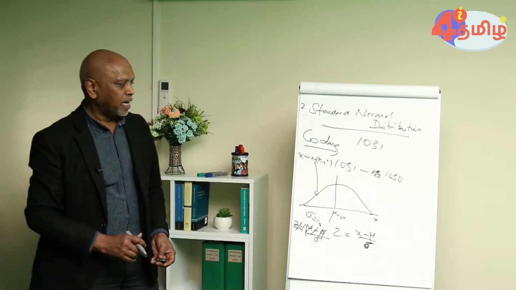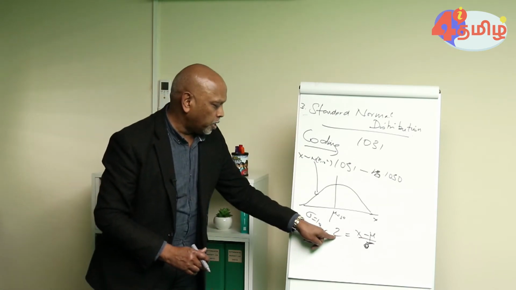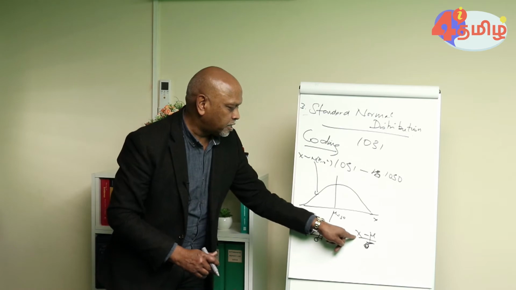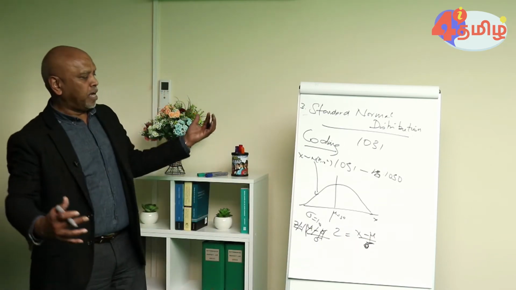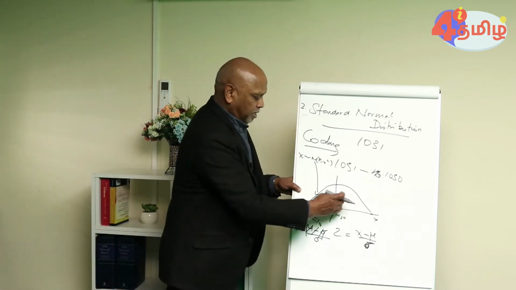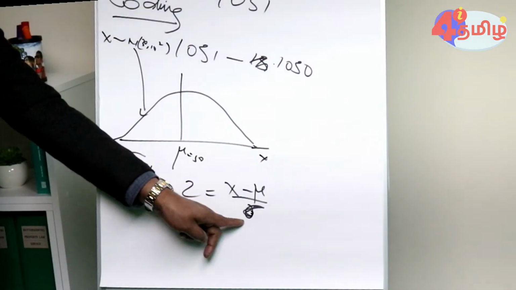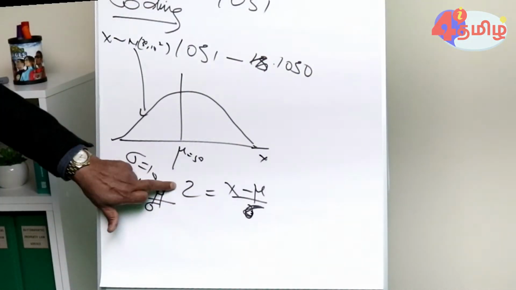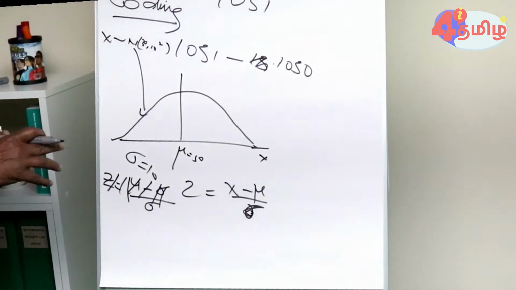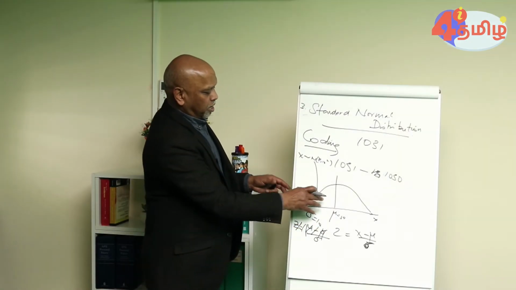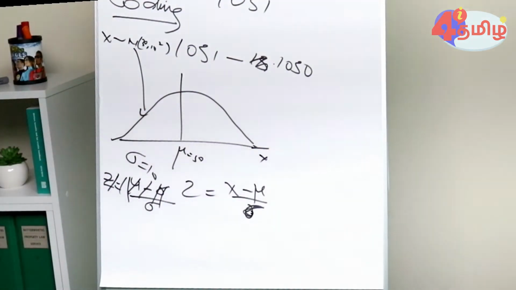They call it the z value as well. So from x value to z value, we coded x minus mu divided by standard deviation. x is any value, it can be 70, 80, 40, 10, whatever value, minus mu divided by standard deviation. It brings you the z value. Having changed that, we can have a standard normal distribution.